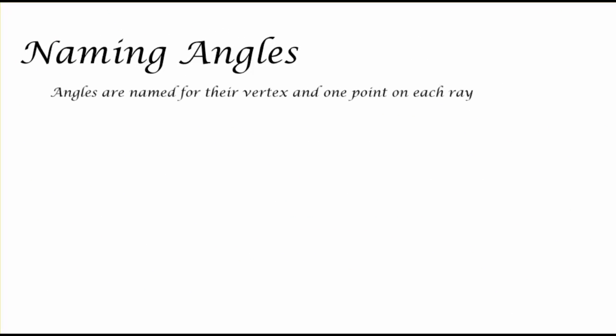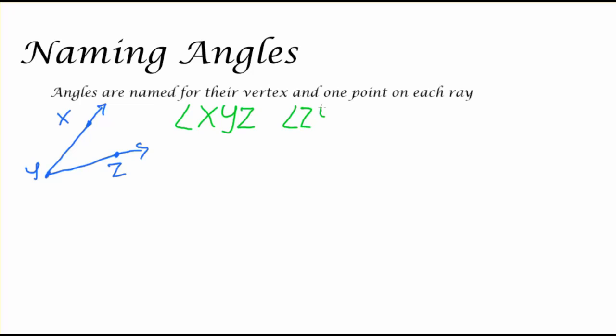Now, it's also very important to consider how we name our angles to distinguish them between each other. Angles are named for their vertex and for one point on each ray. So taking a look at this diagram, I can examine the 3 points I have and consider that I could name this angle X, Y, Z. But at the same time, I could decide to go the other way and name it Z, Y, X. Now, what these two names have in common is that the Y is in the middle, and the Y must be in the middle because the Y is the vertex.